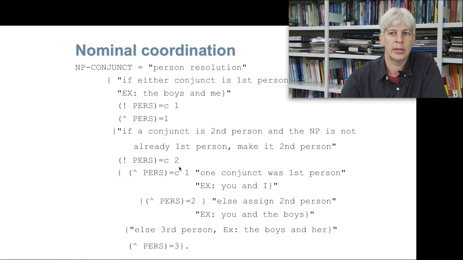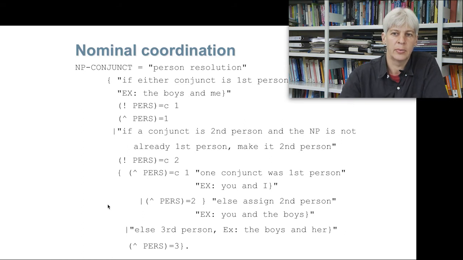Down's person is constrained to be second. Okay. So if one of the conjuncts has second person and there is another first person, that's okay. Then you make it first person. Otherwise, assign second person. So if we don't have any first persons in there, then have it be second person. Okay? So you and the boys, that'll be second person.